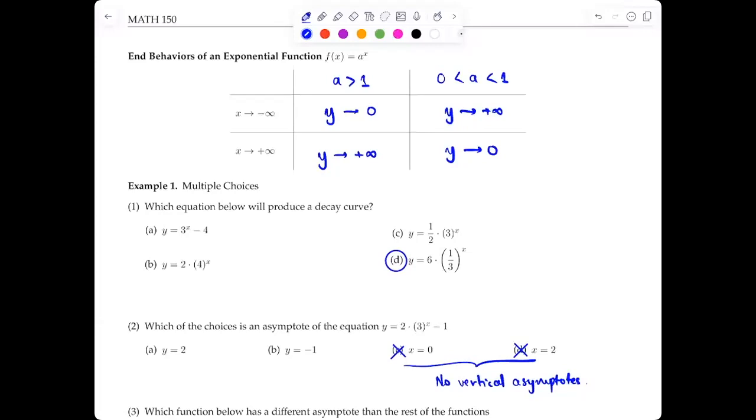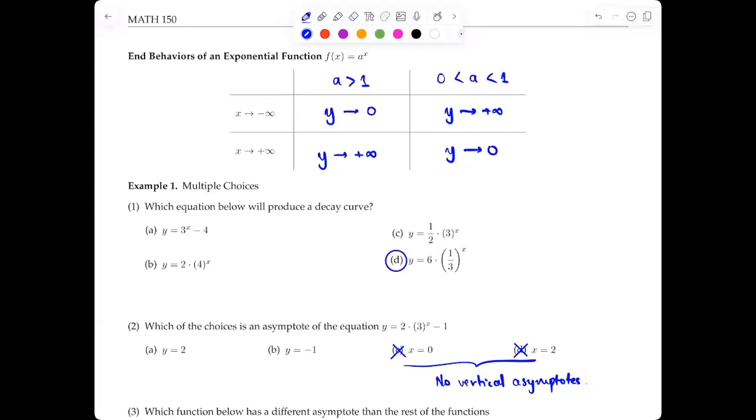The -1 is there to do the vertical shift. Basically, this one is shifted down by 1 unit. We all agree this is an exponential growth function. So let's take a look at the end behavior. As x approaches -infinity, y approaches 0.